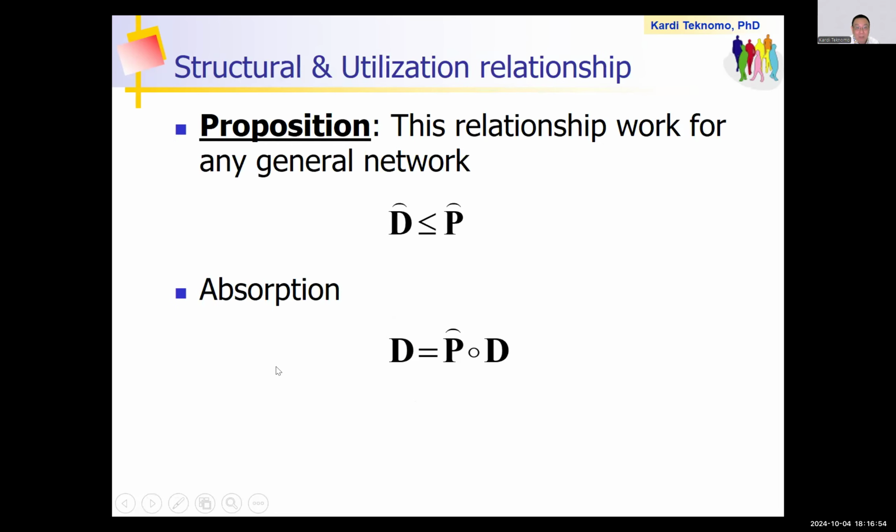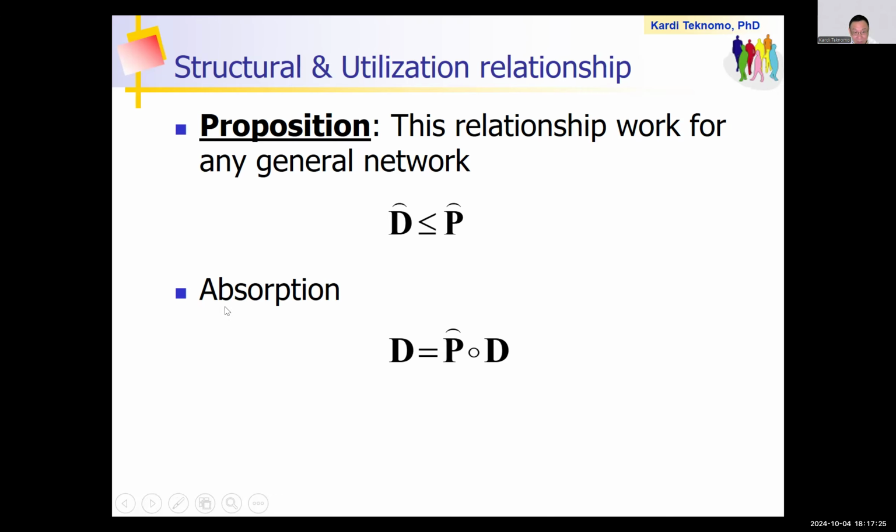So now in terms of OD, when we binarize the OD, it will be less than or equal to the binarized path matrix. So in fact, you can multiply the binarized path matrix element-wise with the OD matrix, then you get exactly the OD matrix.